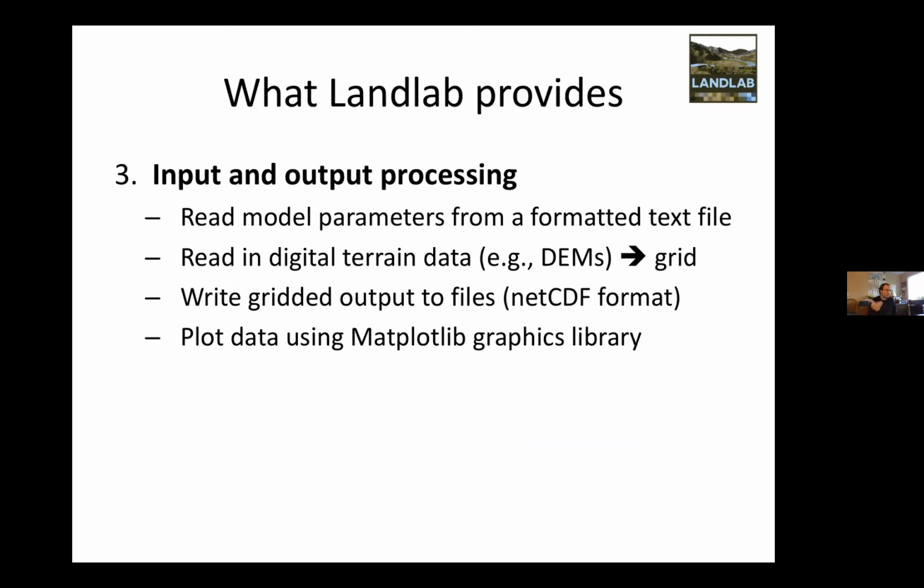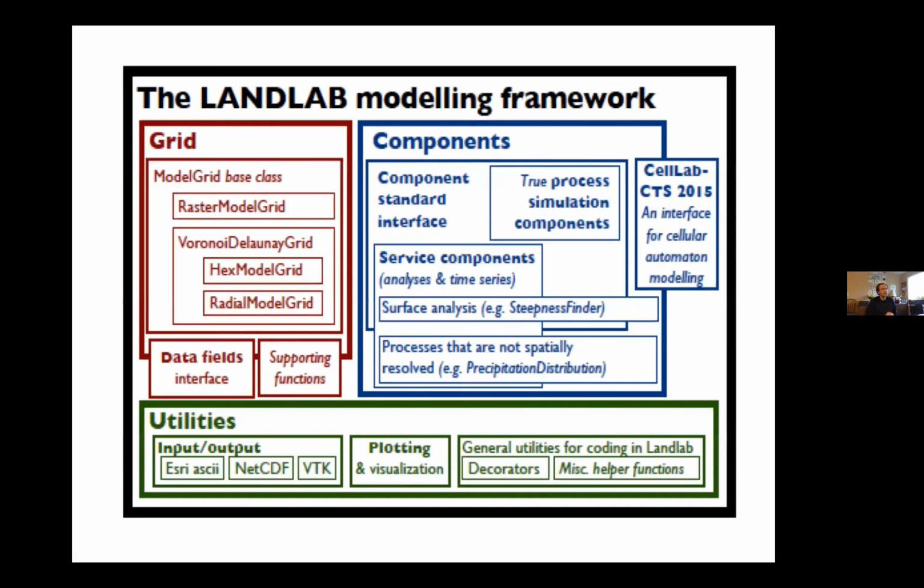We can also read data from existing data sets, like vegetation data from national land cover and land use data sets. We can read gridded elevation data from existing DEMs and so on. And we can write gridded outputs to files like netCDF and plot our results using matplotlib.